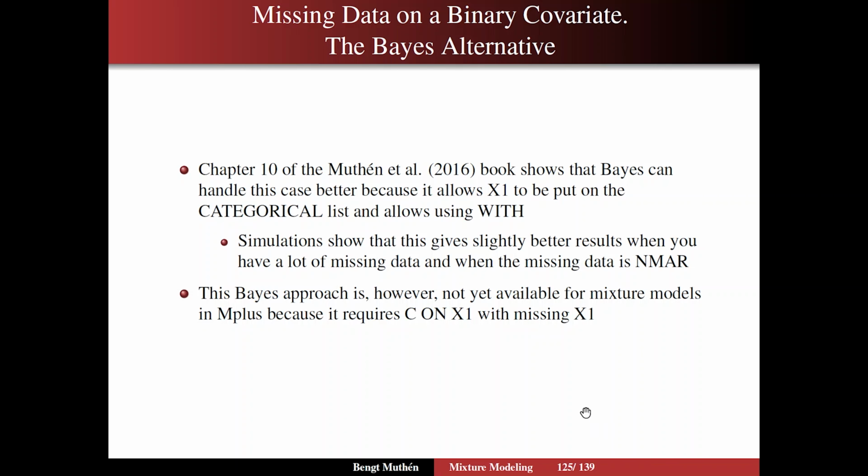And on slide 125, you can think of an alternative, the Bayes alternative. Chapter 10 of this 2016 regression mediation book shows that Bayes can handle this case better because it allows x1 to be put on the categorical list and allows using with.